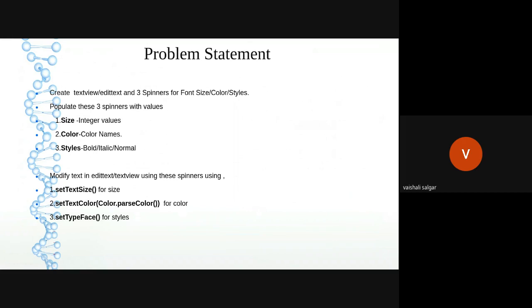So these three spinners you can take, where for size it has to show us the integer values, for color the names of the different colors, and the third spinner will show us the different styles like bold, italic, and normal.